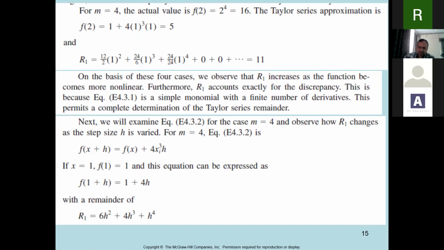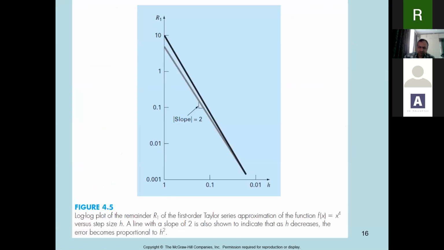So in this case, for example, if h is relatively small, we can approximately say that R is proportional, that is the error is proportional to the square of the step size. If h is relatively small, we can ignore the second and the third terms, and then we can say that R is approximately proportional to the value of the step size h.